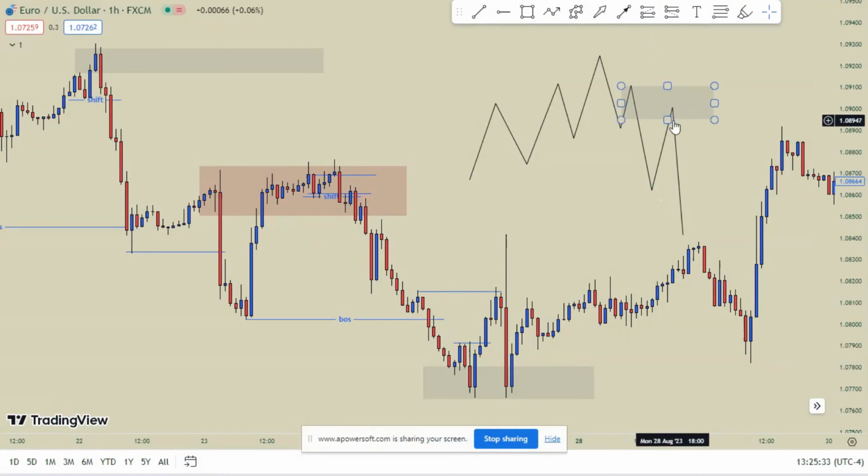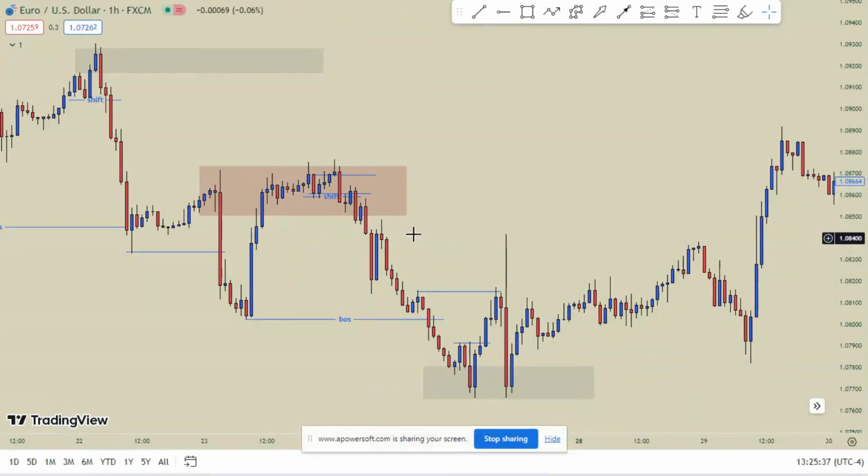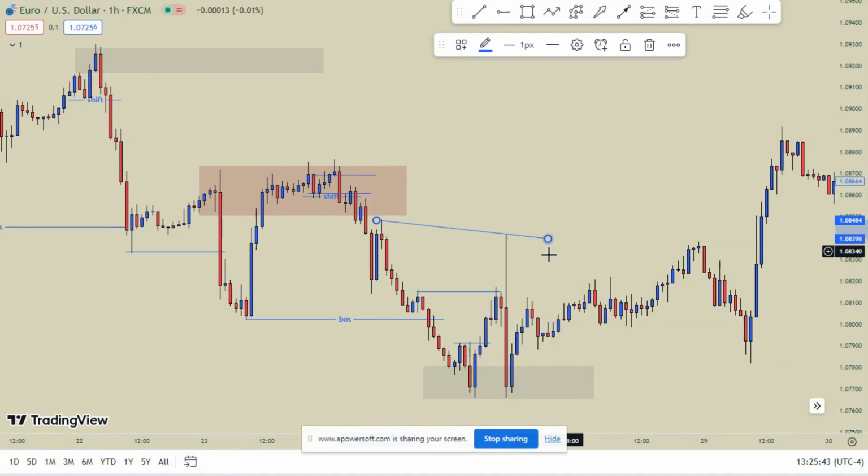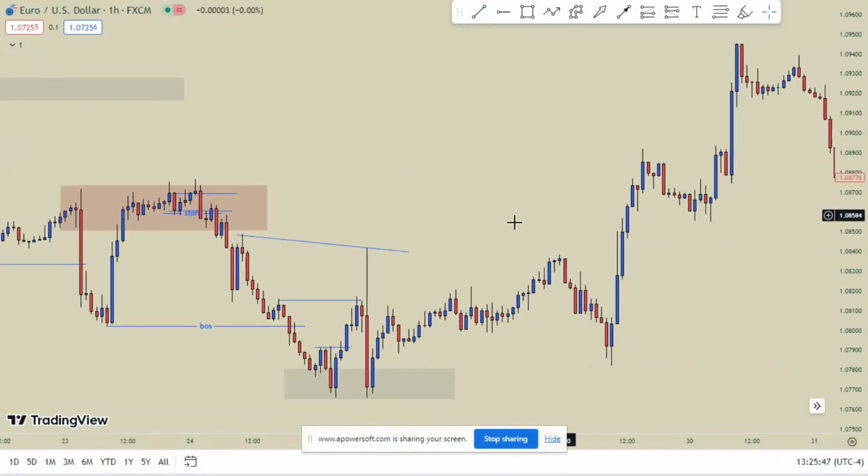So now when the market shifts, those ones become our target. This is what we normally call trend line liquidity. These are the points that we've been reacting off of. Now, as the market shifts up, we start to target them.